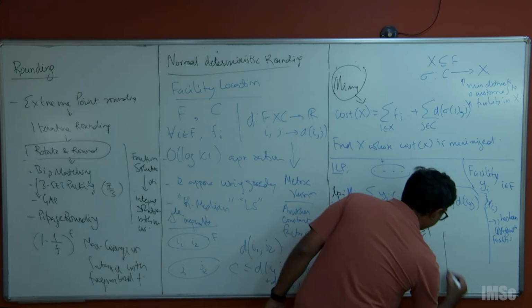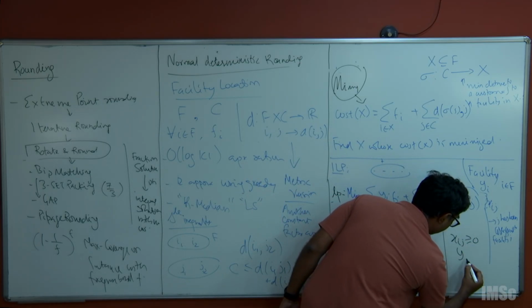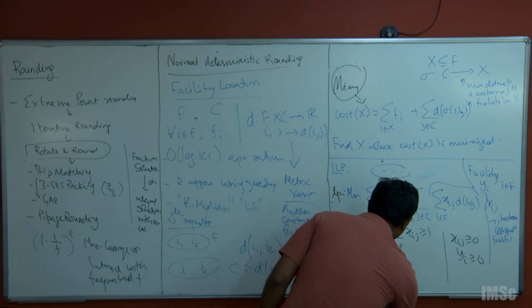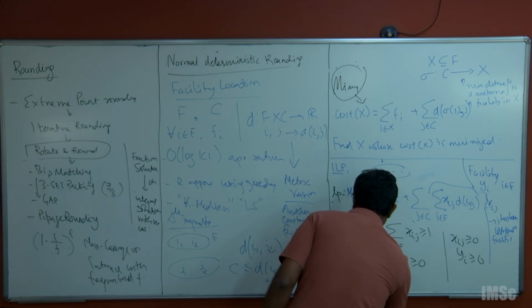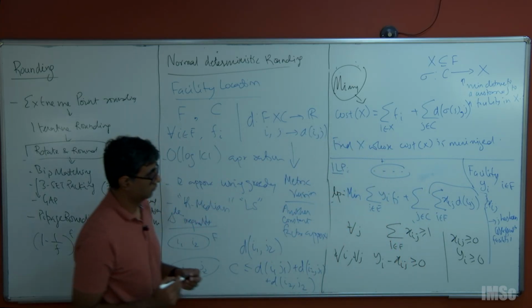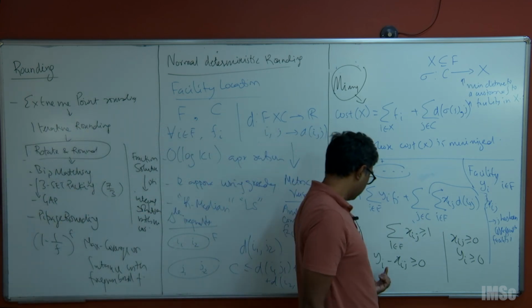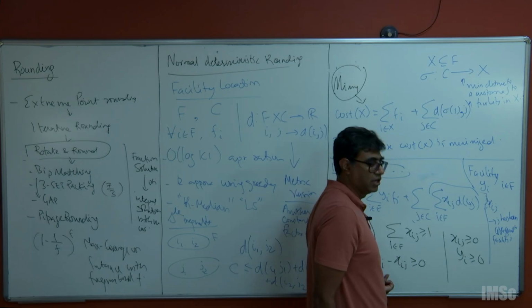And then I also say xij is greater than or equal to 0, yi is greater than or equal to 0, and I keep the constraint yi minus xij greater than or equal to 0 for all i and for all j. This basically tells us that if you have set xij to 1, then the corresponding yi should be set to 1.